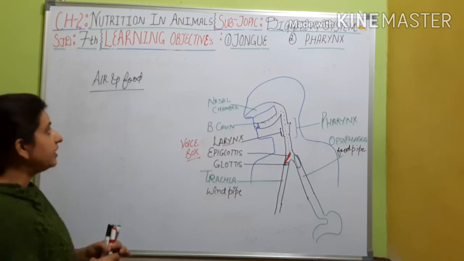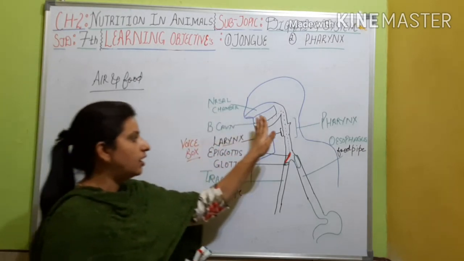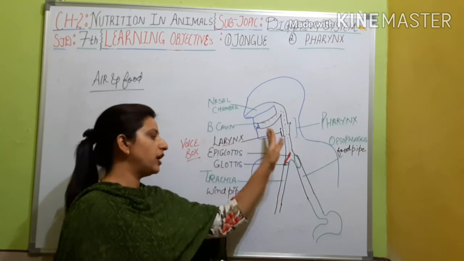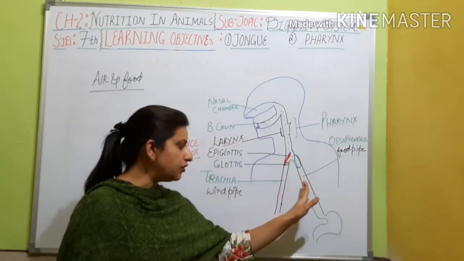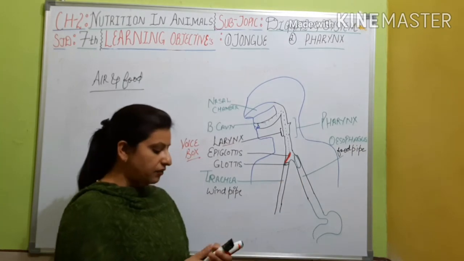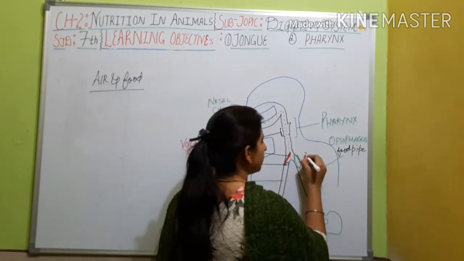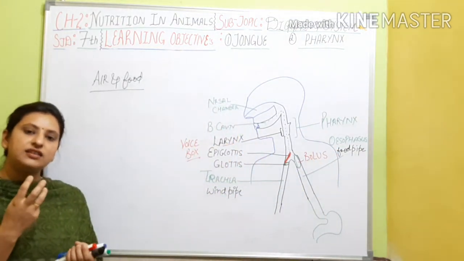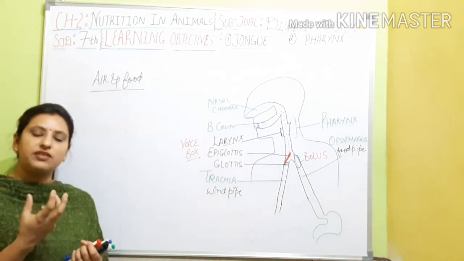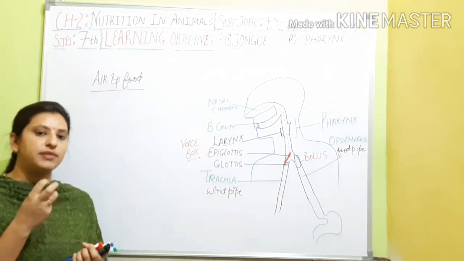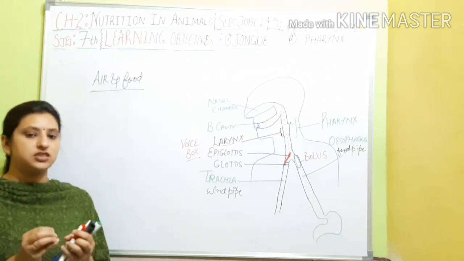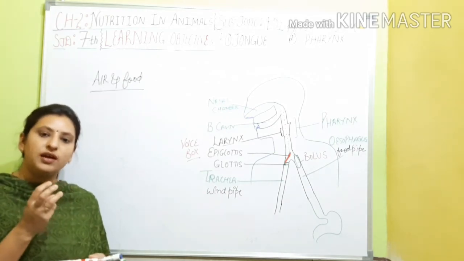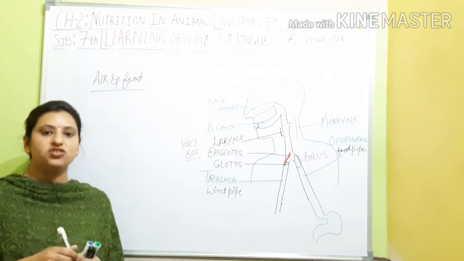So it is clear what the pharynx is doing. It provides air and food both to the body, and it is a common passage for both. The air enters into the windpipe and food enters into the oesophagus, and from the oesophagus it leads into the stomach. Here I have given you the term bolus. What is bolus? The teeth help in chewing the food, the salivary glands secrete saliva, and the tongue mixes the chewed food and saliva, and the complex food is transformed into a simple form, a very thick paste-like structure, called the bolus.